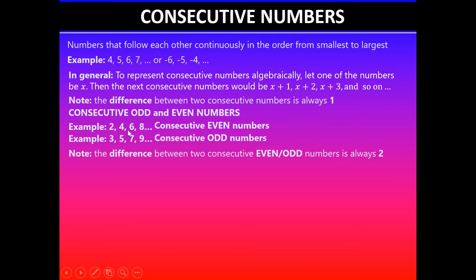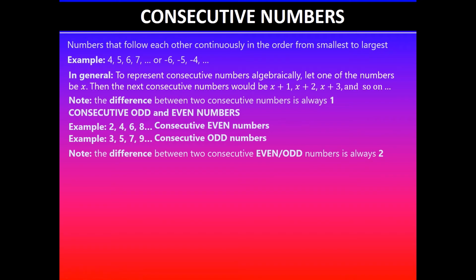In other words, if I go 4 take away 2 is 2, or 6 take away 4 is 2, etc. Or even if I look at the odd numbers, 7 take away 5 is 2, 9 take away 7 is 2 as well. So each time the common difference is always 2.